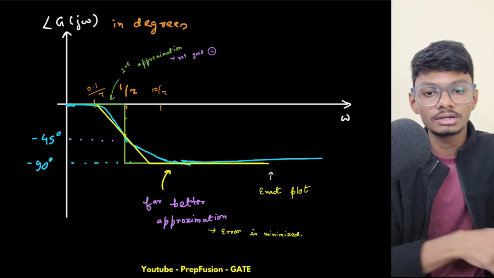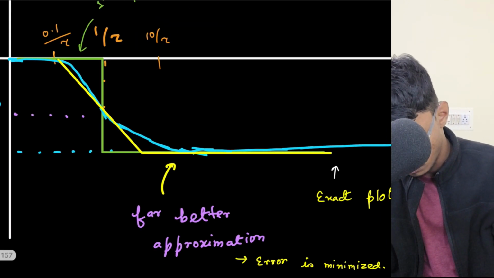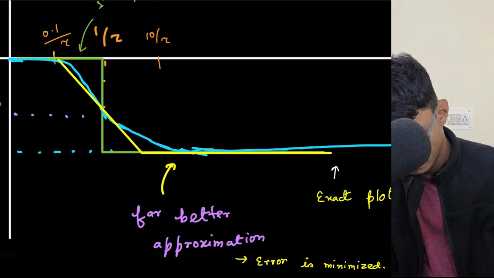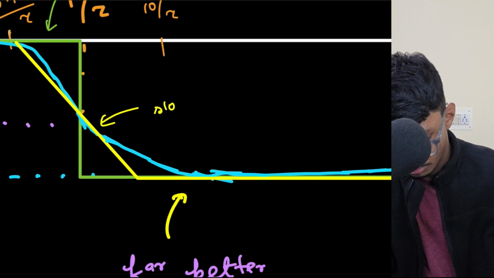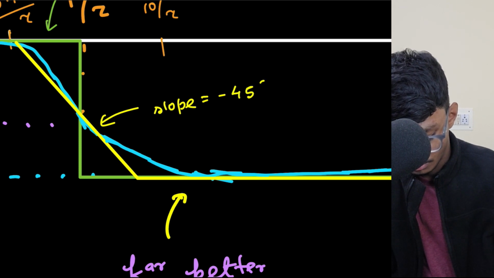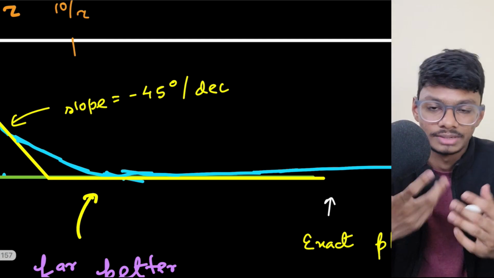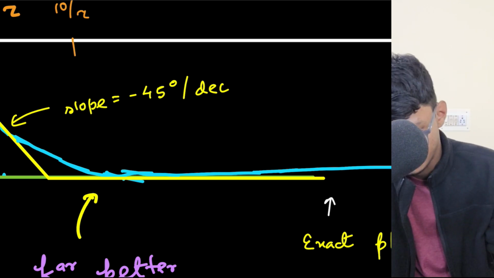That's why we choose our slope like this, minus 45 degrees per decade. Like this is just my hypothesis, just to make the error zero at the corner frequency. Okay, just my hypothesis.